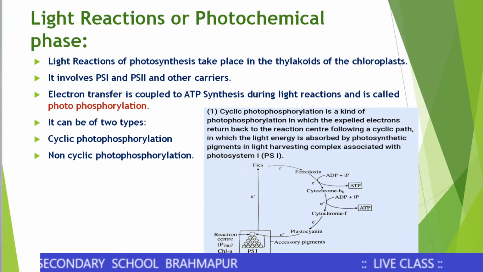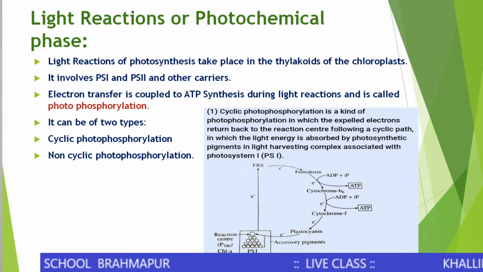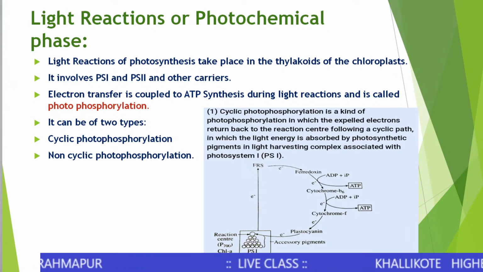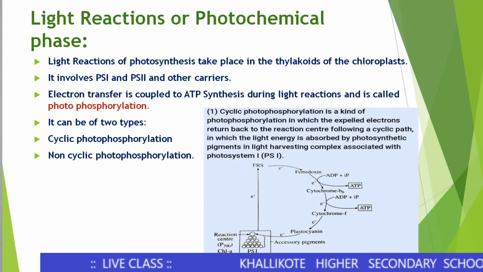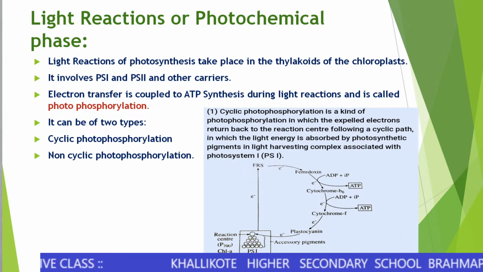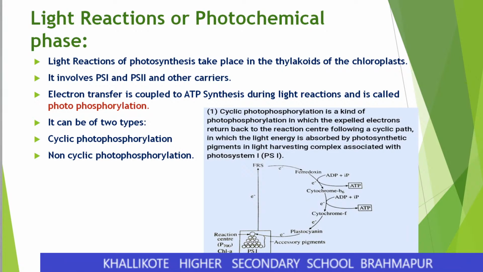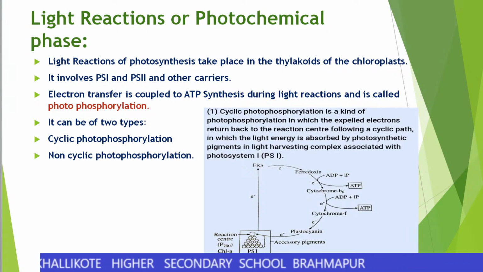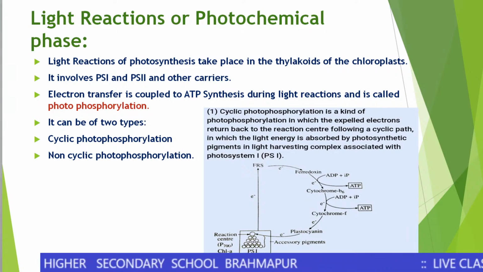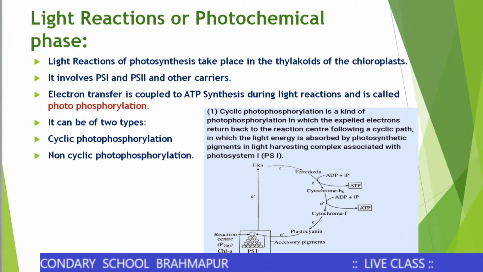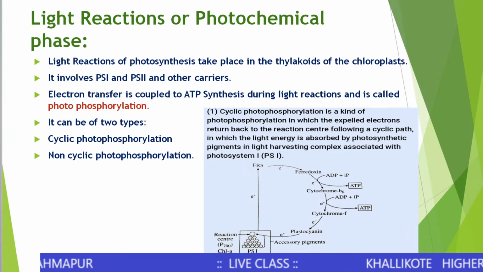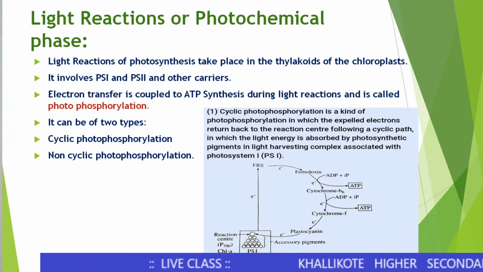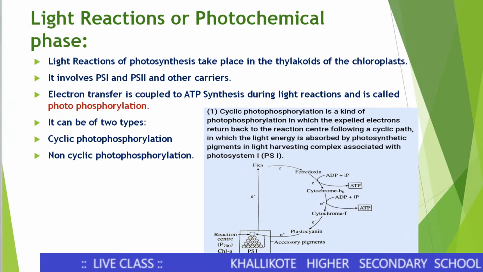From cytochrome F, the movement of electron is to plastocyanin, a copper containing compound. Here copper is again reduced, and plastocyanin then releases the electron back to the photosystem 1 reaction center, which is P700. So this flow of electron from photosystem 1 is a cyclic path.